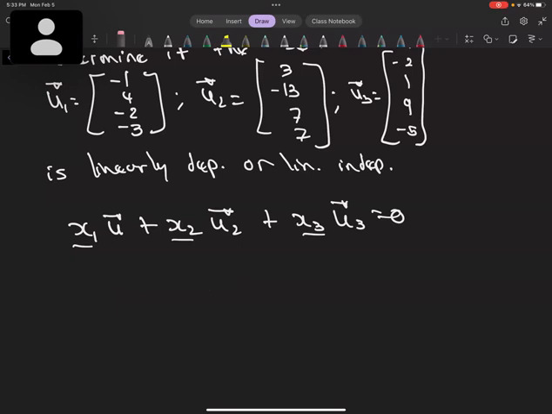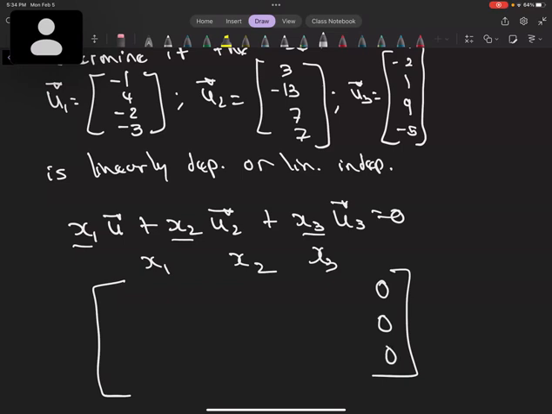Now let's just put it on the matrices already. So this is gonna be x1 over here, this is gonna be x2 over here, and there's gonna be x3 over here, and then you're gonna have 0, 0, 0. So it's like solving a system, but v is just 0, so it's even easier.